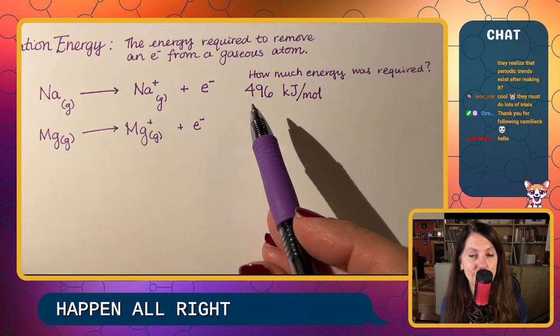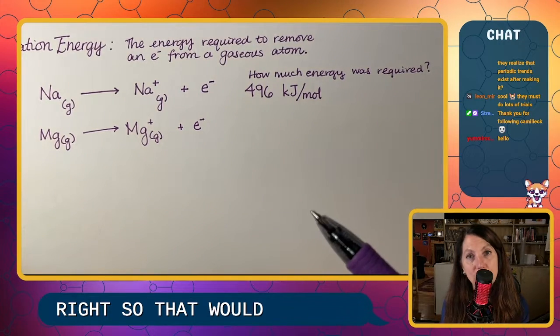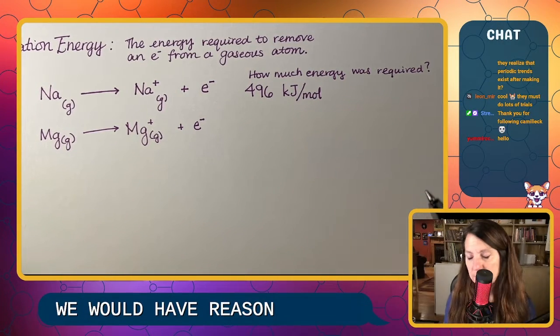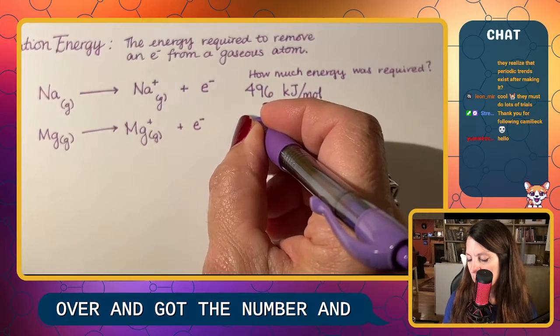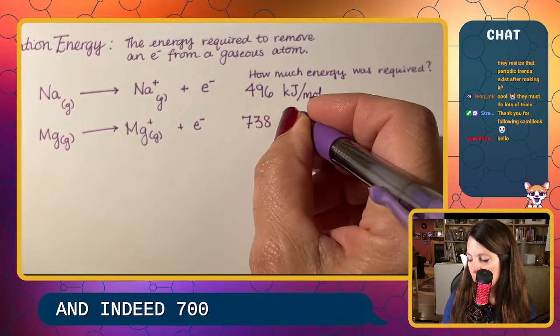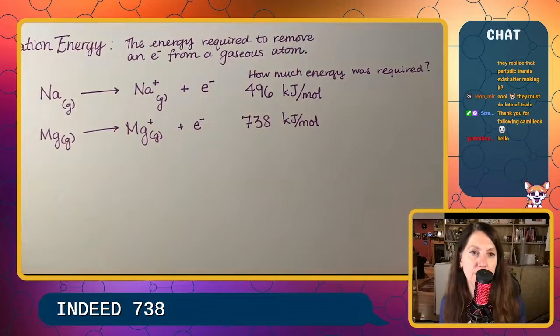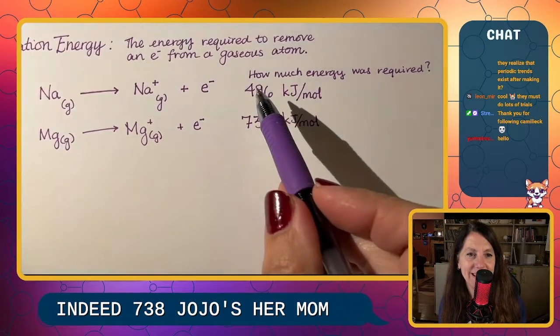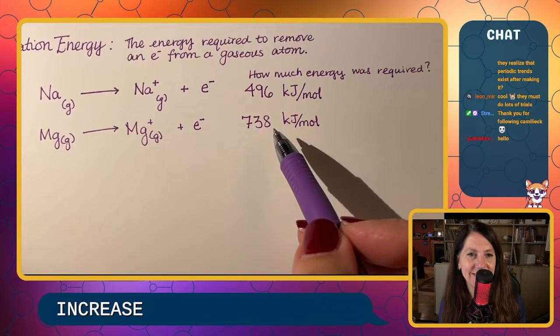All right, stronger hold means more energy, right? So that would be what we would reason. So let's see. I just looked over, got the number, and indeed, 738 kilojoules per mole. Okay, we've got a nice, healthy increase, right?